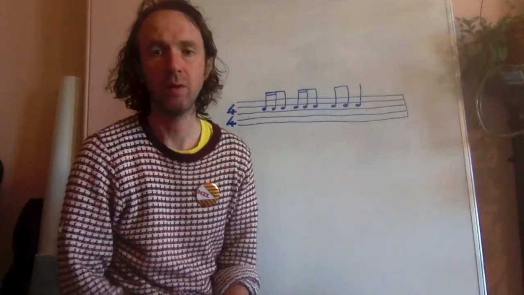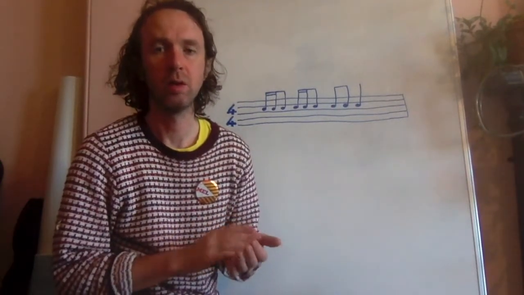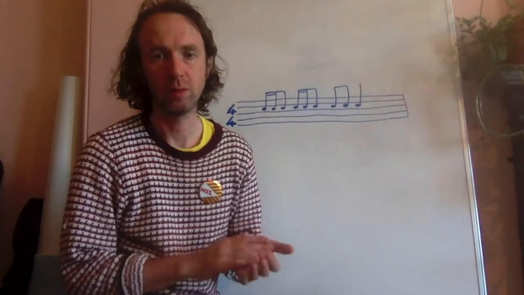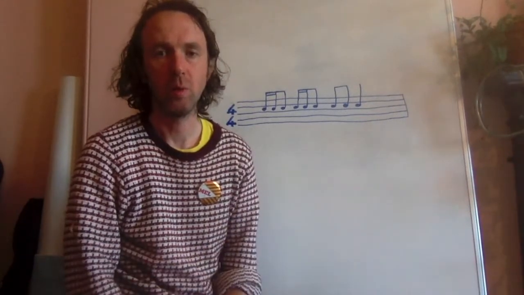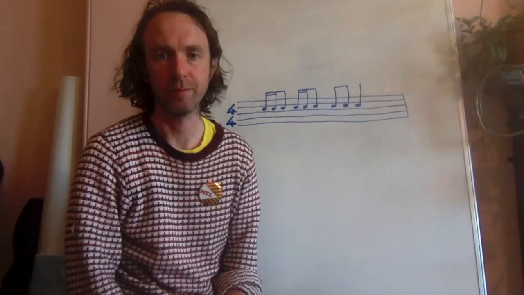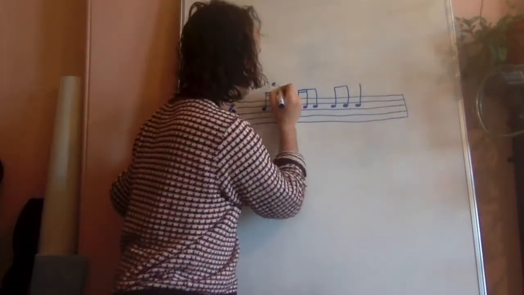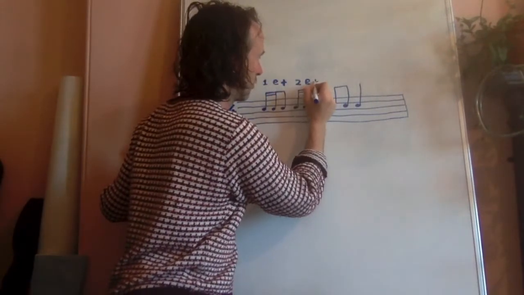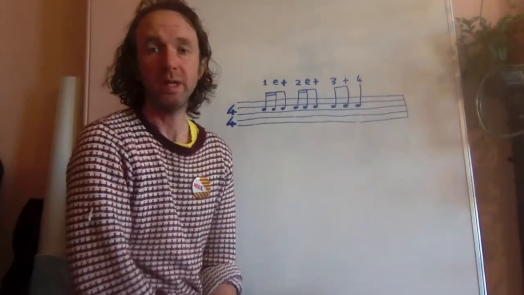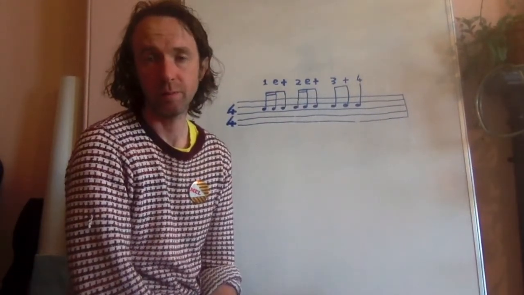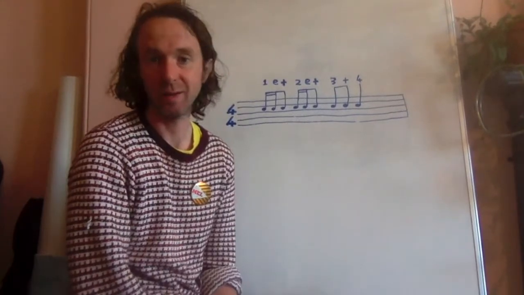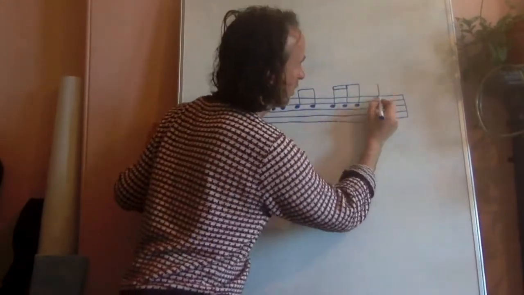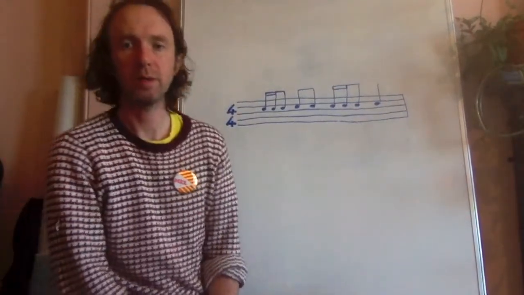2, 3, 4. One E and, 2 E and, 3 and 4. One E and, 2 E and, 3 and 4, or apple pie, 3 and 4. Okay, next one.